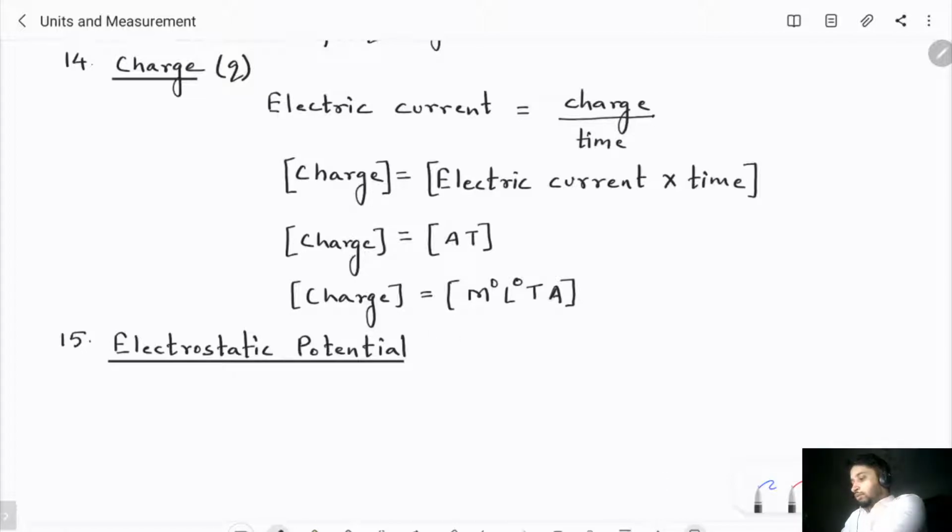So electrostatic potential is represented by capital V. So electrostatic potential is basically work done per unit charge.